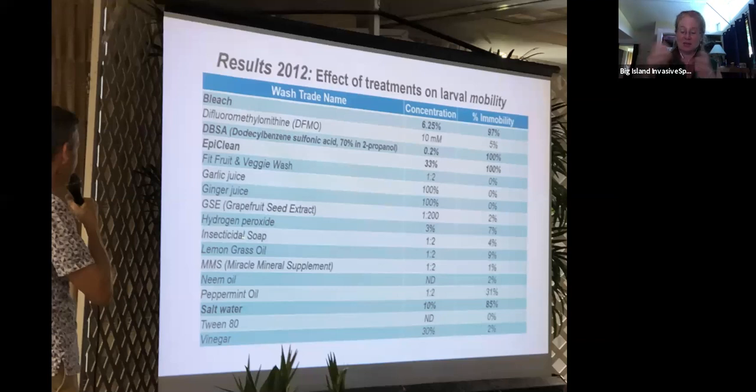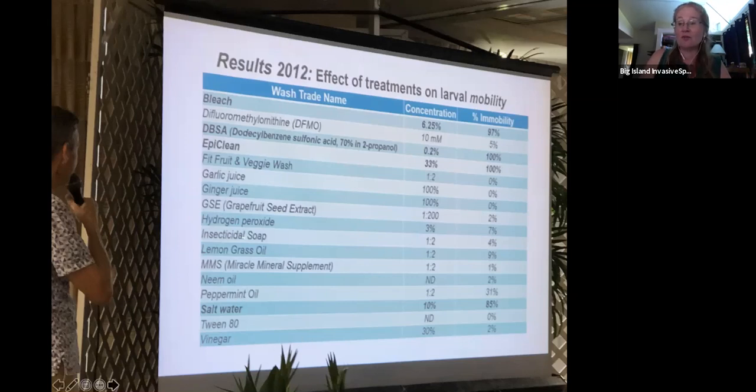And this is with taking parasites in a petri dish and dumping the solution on the parasites at full strength. There's one commercial crop wash, which is not available as a veggie wash and not available to the public, that has been found to have impact. Everything else doesn't really have an impact, or doesn't have enough of an impact.